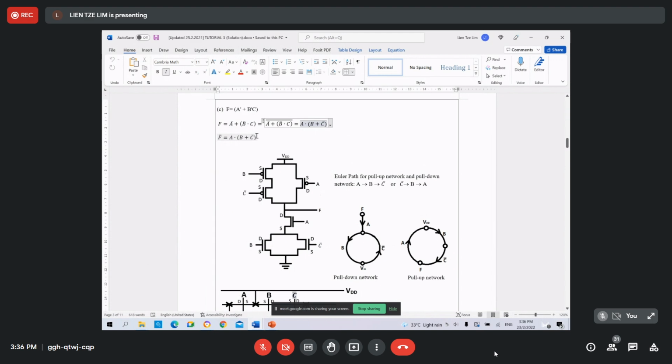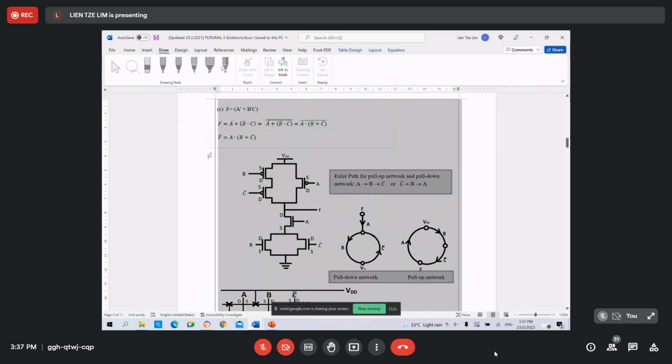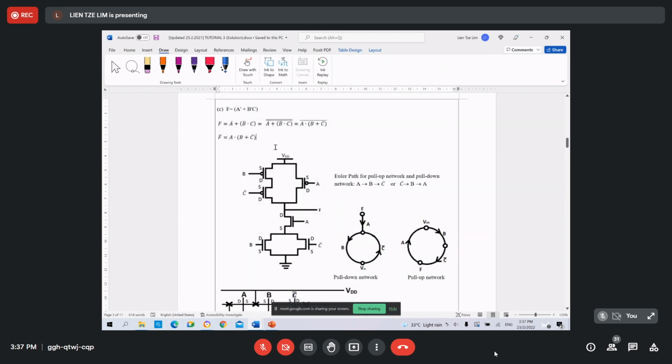Then we use these functions. This one is for NMOS, and this function is for PMOS.